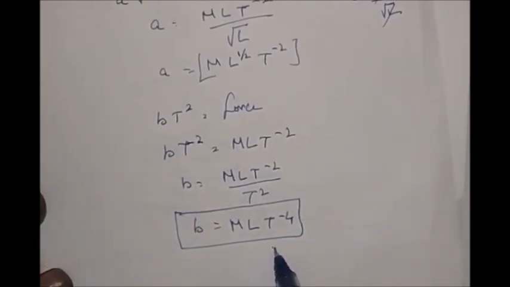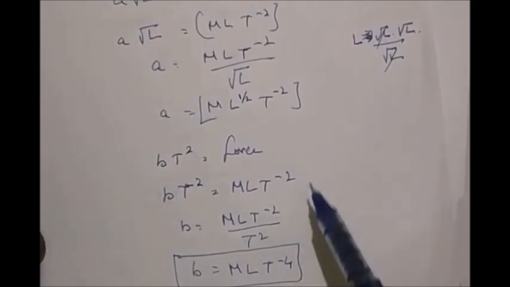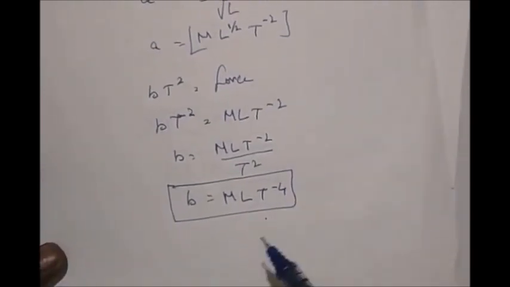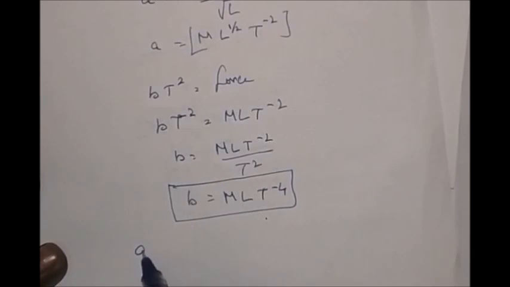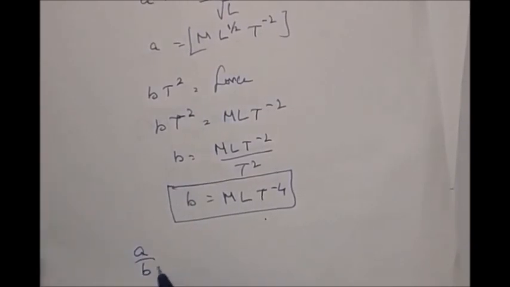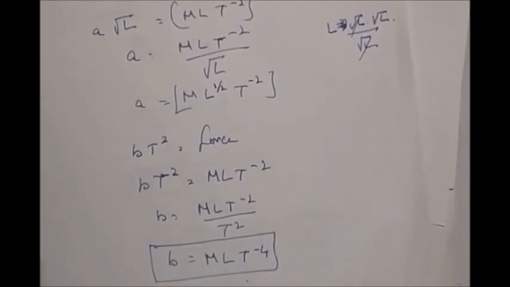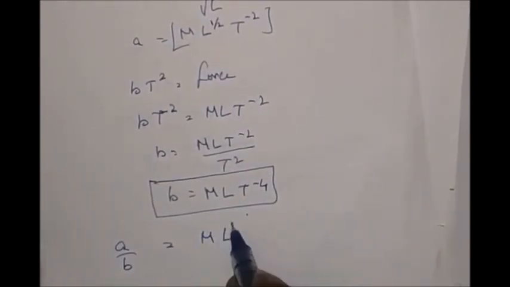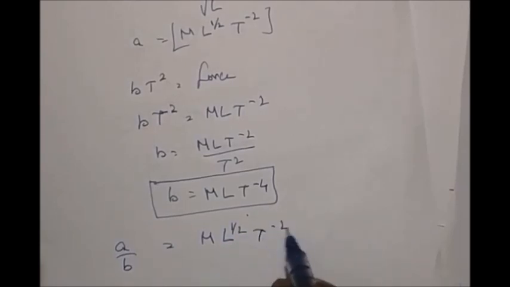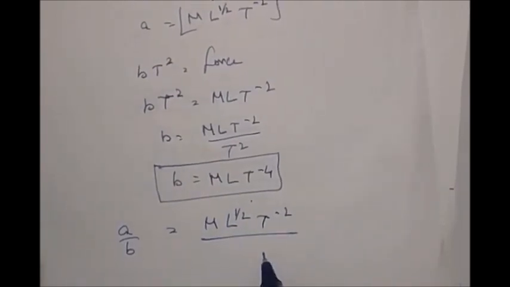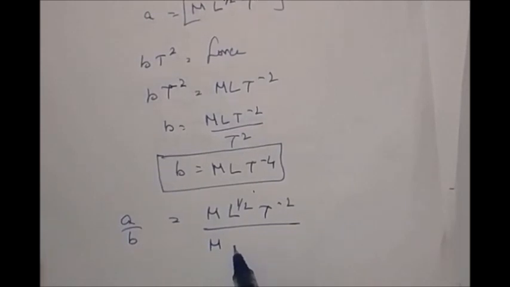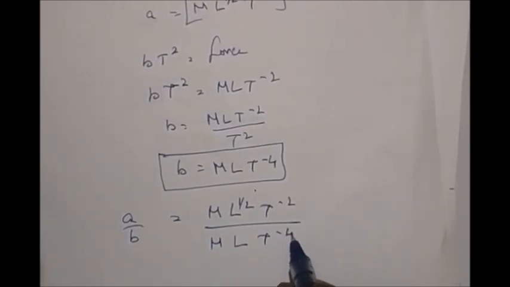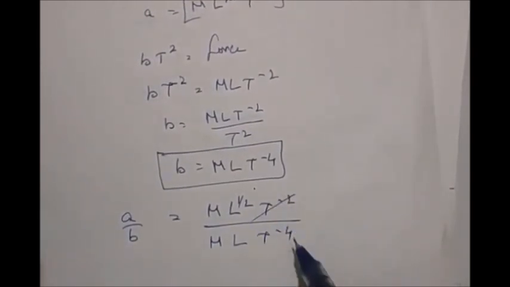The dimension of B we have got, and the dimension of A we have got. So what is the final thing you need to find out? A upon B, so A divided by B. A's dimension is M L^(1/2) T^-2 divided by M L T^-4. So M gets cancelled out.